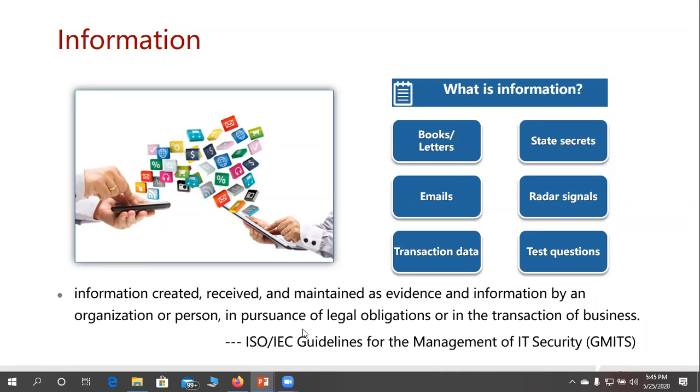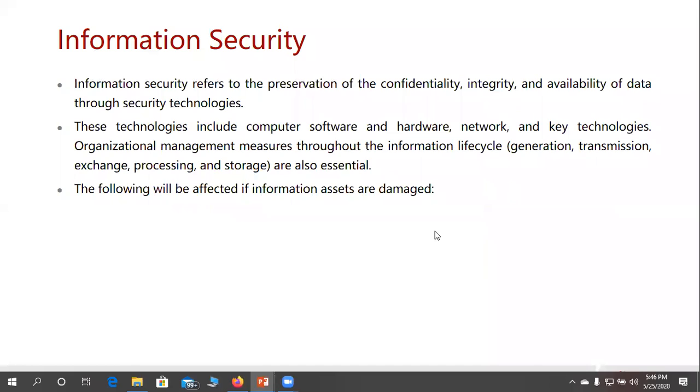Okay. So according to ISO, information is defined as information created, received, and maintained as evidence and information by an organization or person in pursuance of legal obligations or in the transaction of business. Okay. So that is information.